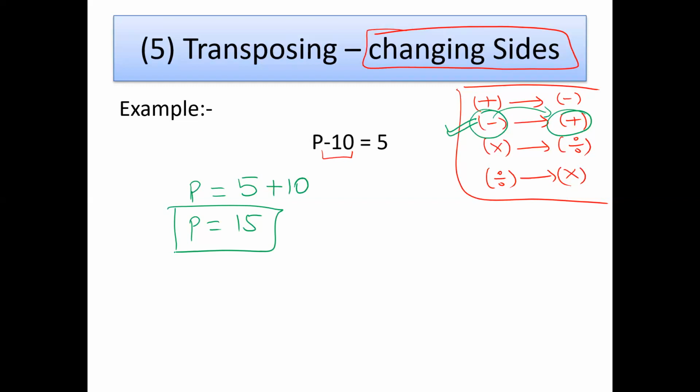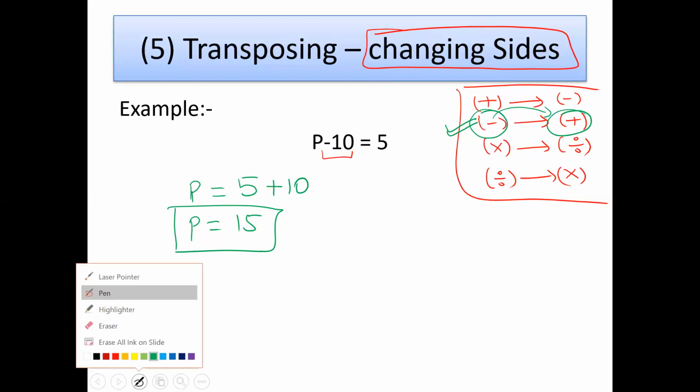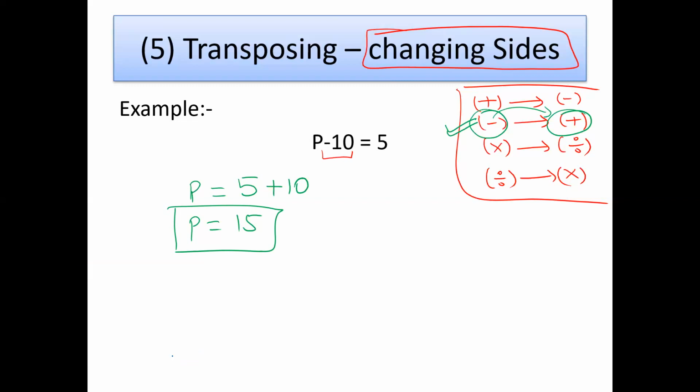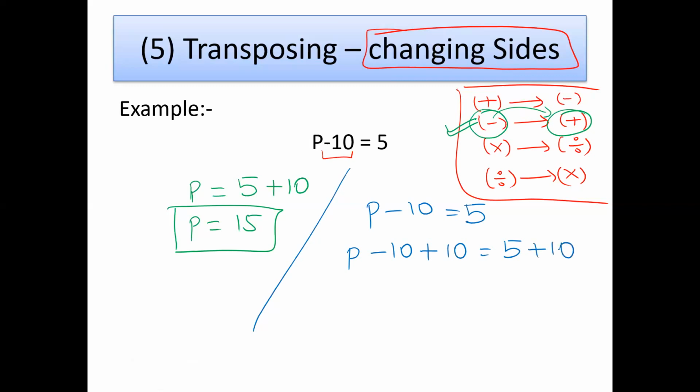Right, this was easy. In the beginning of transposing, I said that this is the shortcut of the above 4 methods. So let us see how this is the shortcut. अगर हम p minus 10 is equals to 5 को solve करते by addition of the same numbers on both the sides, हम क्या करते, p minus 10 is equals to 5. So in order to remove minus 10, हम करते minus 10 plus 10 and plus 10 on both the sides.